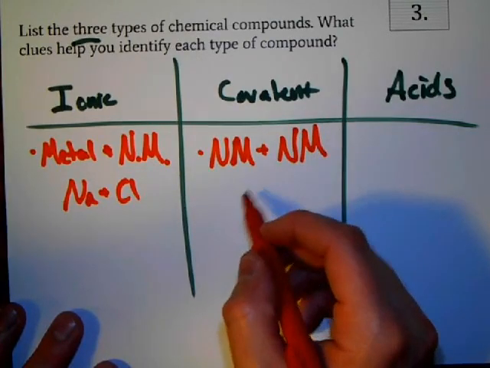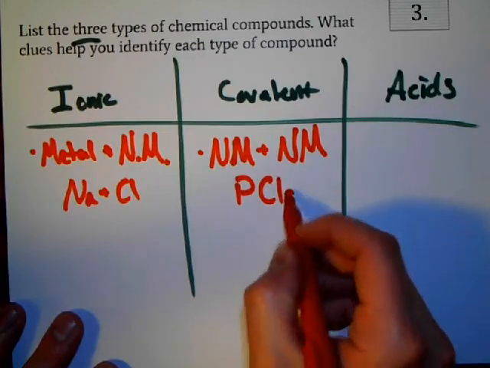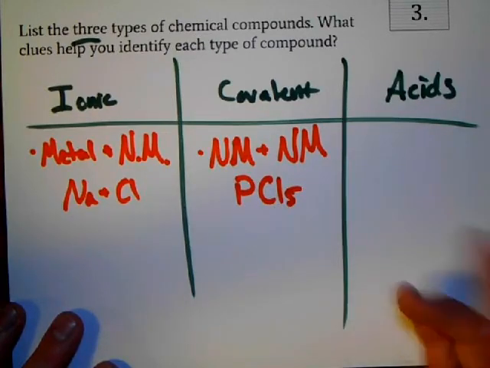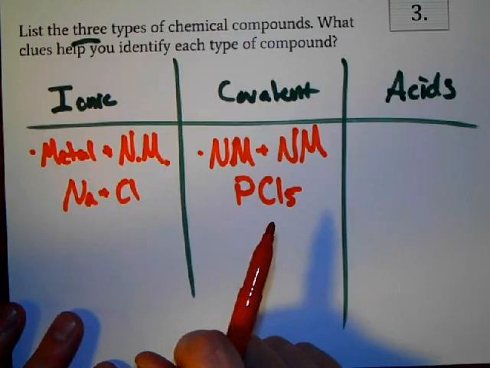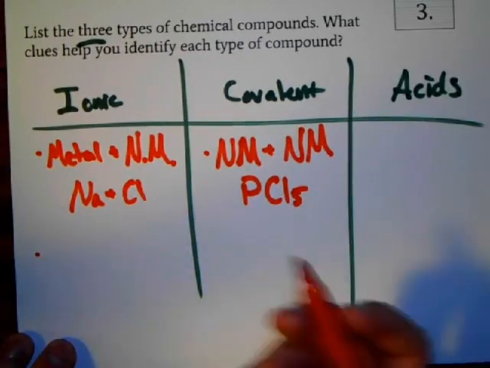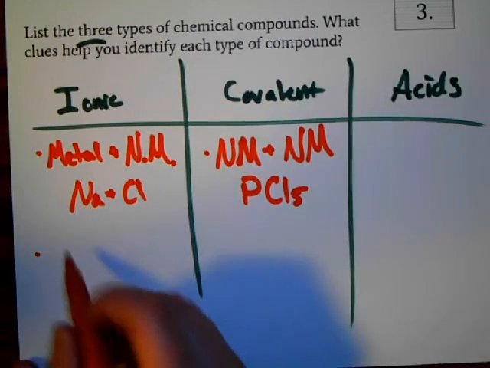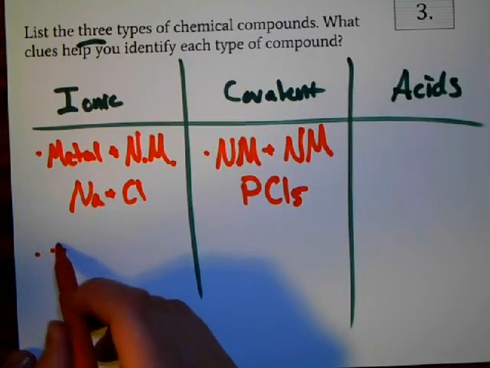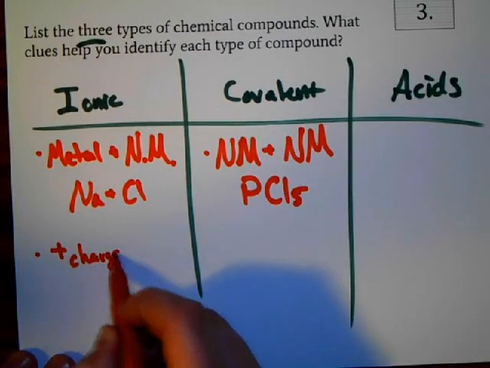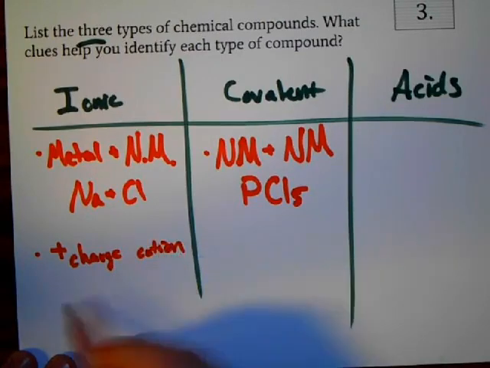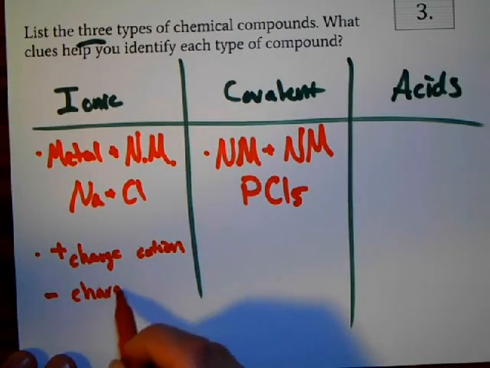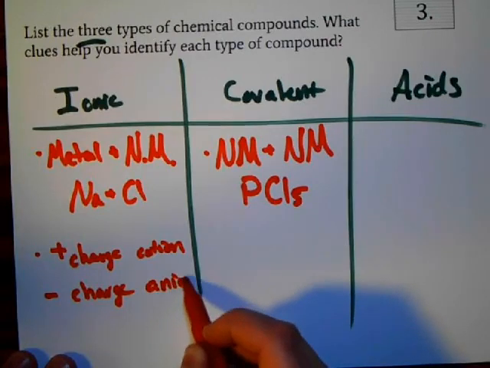So that can be something as simple as, what was our example before, PCl5. Phosphorus and chlorine are both nonmetals. That's going to be a covalent compound for us. Ionics, or more importantly, if we want to get into more specific details here, we're going to have ionic compounds being anything that have a positive charge or a cation, or a negative charge anion.